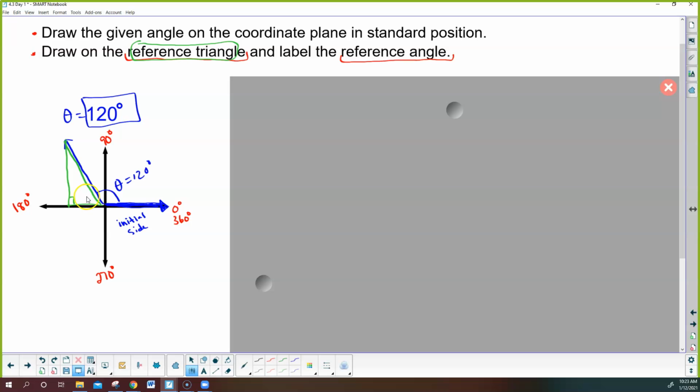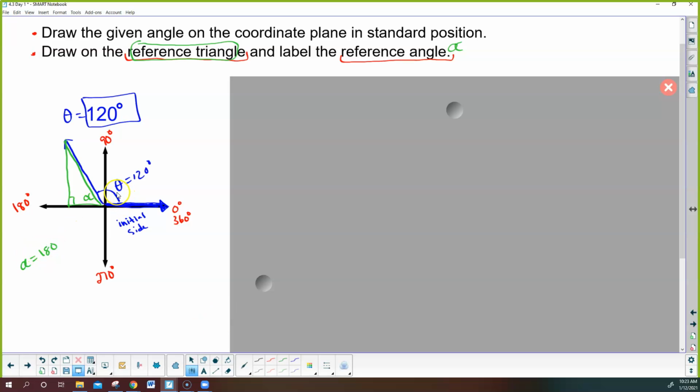And then the angle that we're looking for is alpha. All right, so, well, what is that? How do I find alpha? Well, alpha, what did we do?